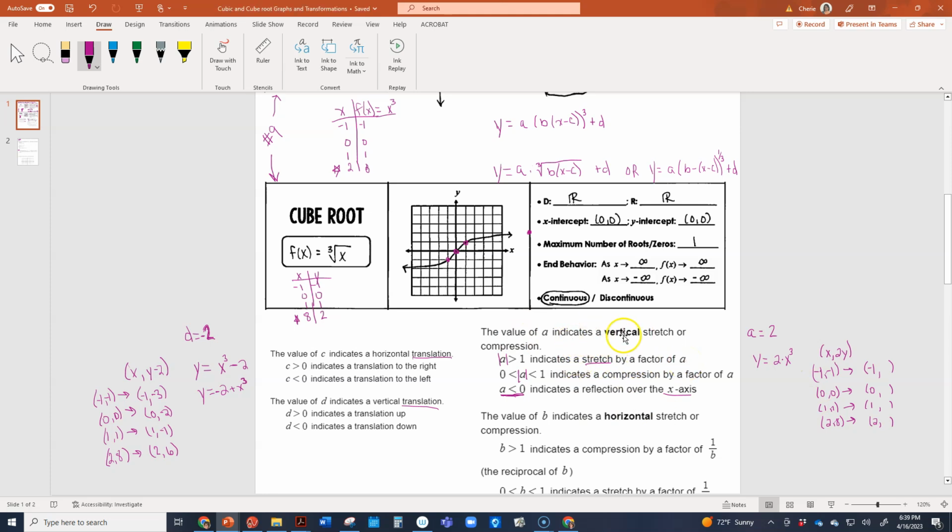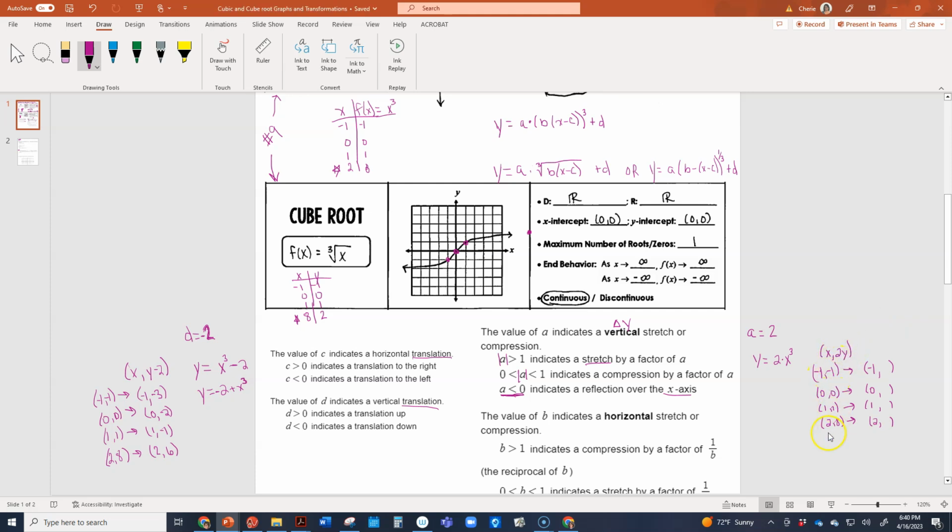And it's vertical. So vertical is changing the y values. Anytime it's vertical, it's going to change the y. Notice how we have it written up here: it's A times, and that's the operation right there, multiply. So if you multiply, then you're going to change the y value by multiplying. This y value right here gets multiplied by 2.